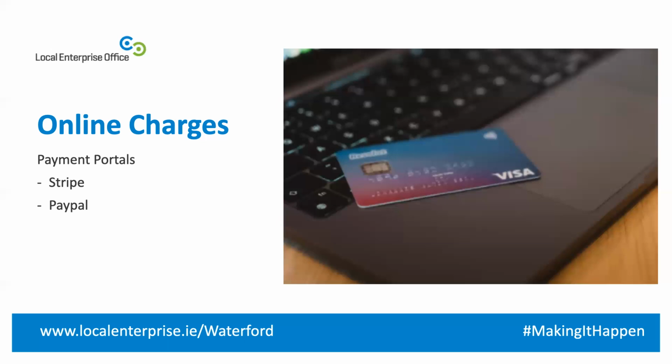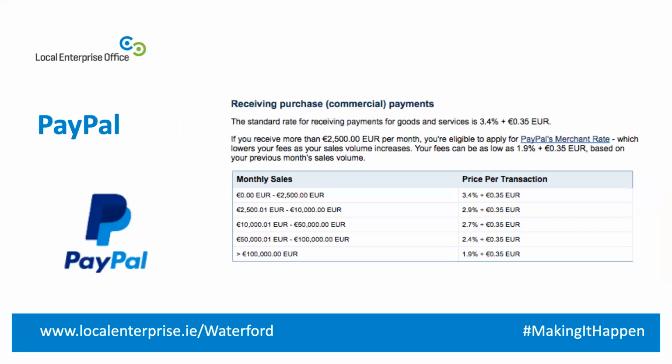So PayPal is a little bit more expensive. PayPal charges you 3.4% plus 35 cents per transaction, okay, per transaction. So there's no cost to set it up. You sign up for PayPal, that's free. But once you sell something through PayPal, they will charge you 3.4% plus 35 cents, okay?